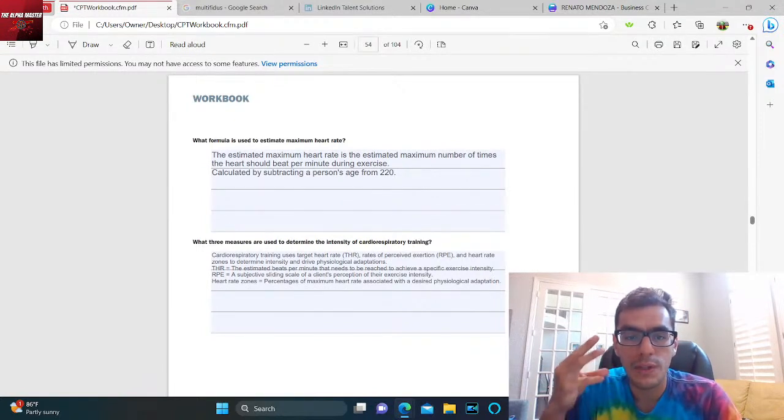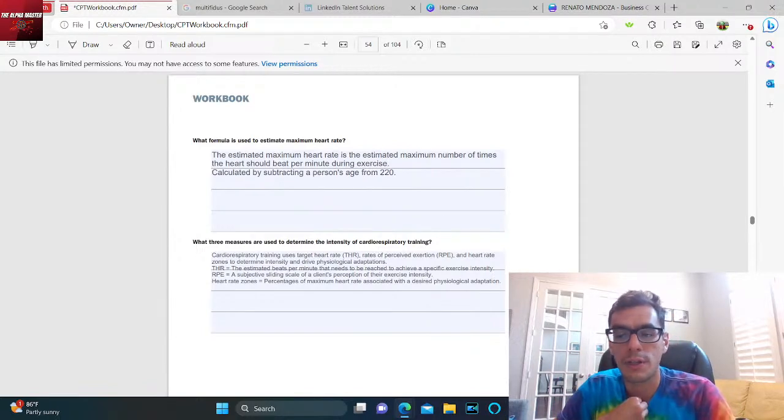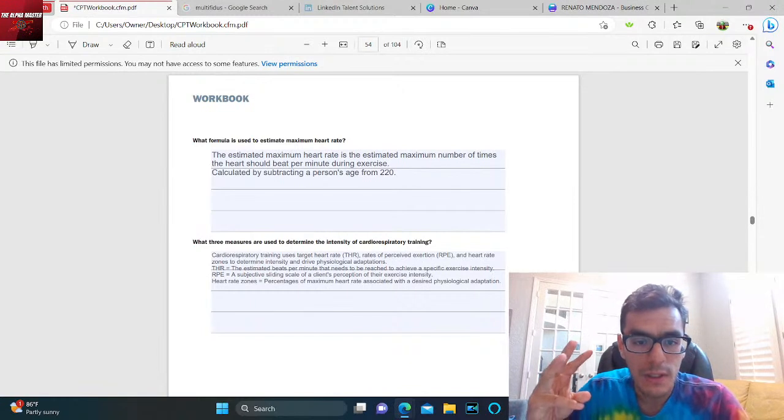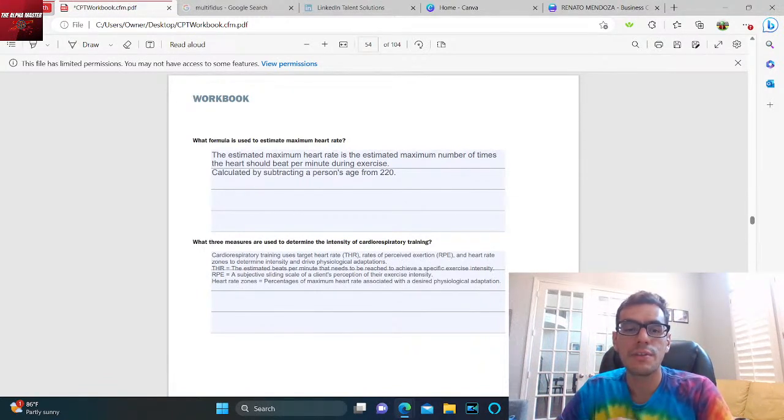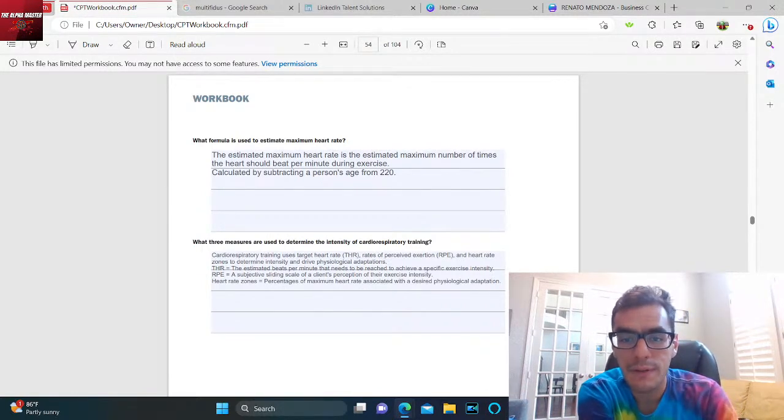Cardiorespiratory training uses the target heart rate, the rates of perceived exertion, and the heart rate zones to determine the intensity and drive physiological adaptations.